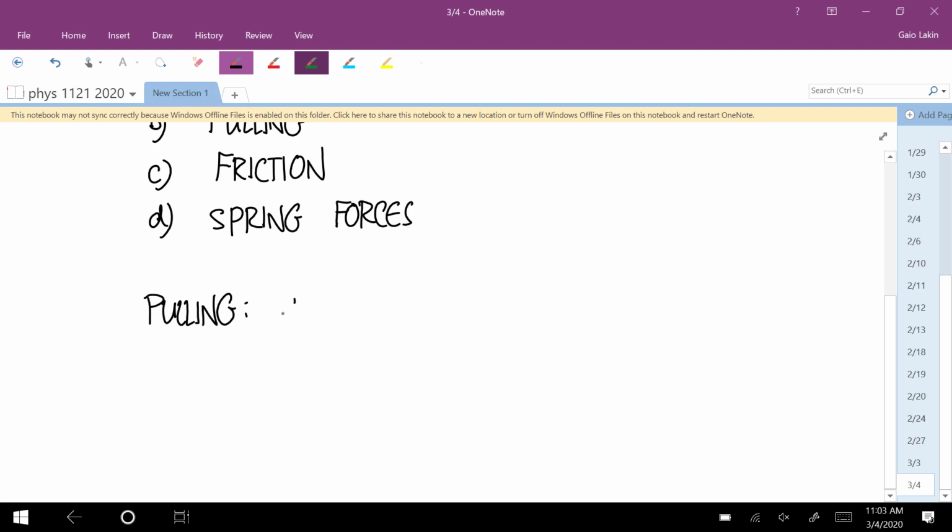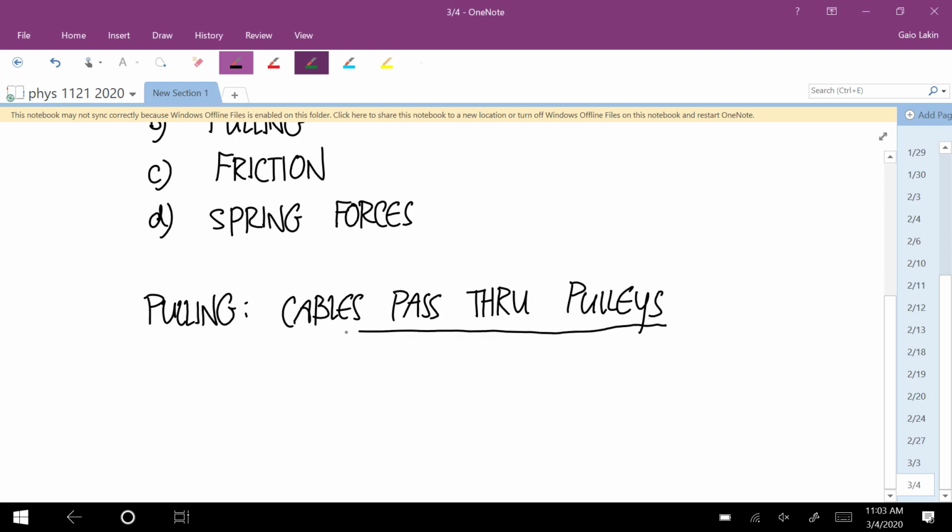and let's talk about when cables pass over pulleys or pass through pulleys. And the basic idea is all that a pulley does is change the direction of the force that the cable applies to things.